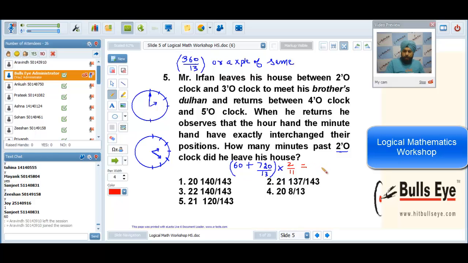Which comes out to be how much? 3000 by 143. So the answer is 140 by 143. That is the first option.